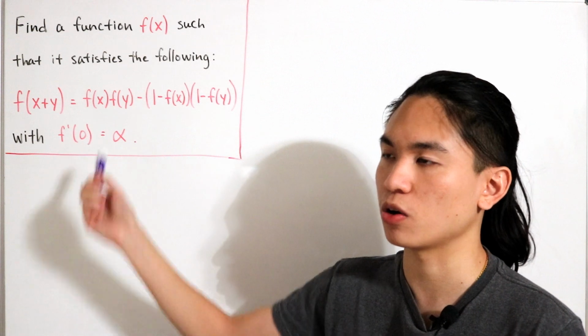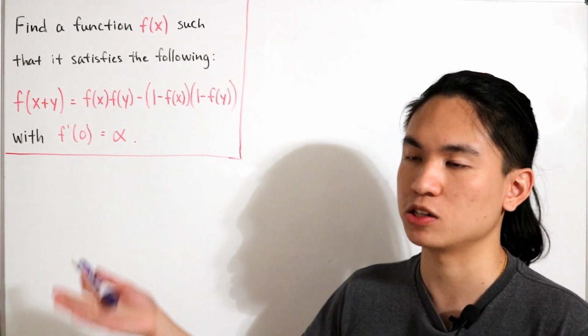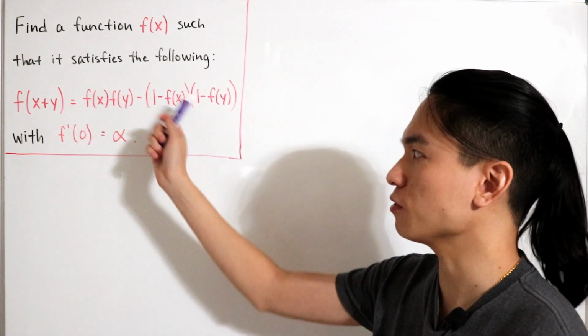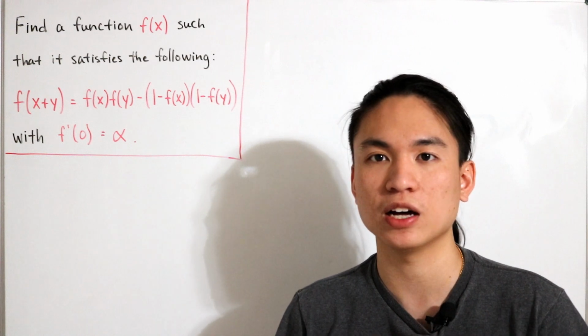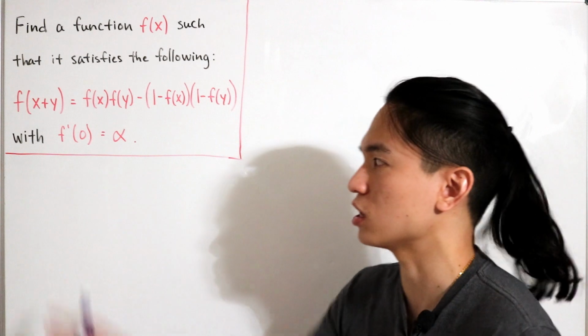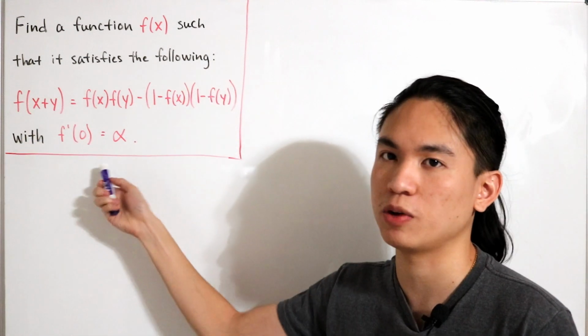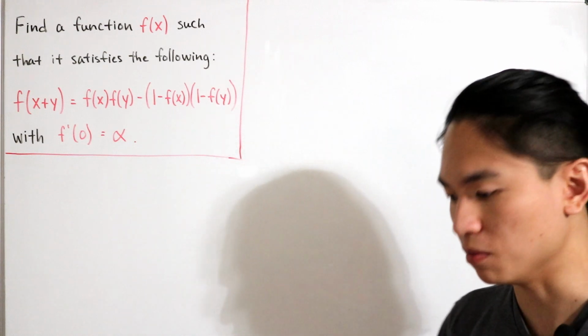First put in your trivial case, x equals 0 and y equals 0. Then solve the functional equation in a way that's easier to work with, and eventually it will come to that formula, and we will find what our f of x function is that satisfies the condition as well. So we'll just jump ahead.